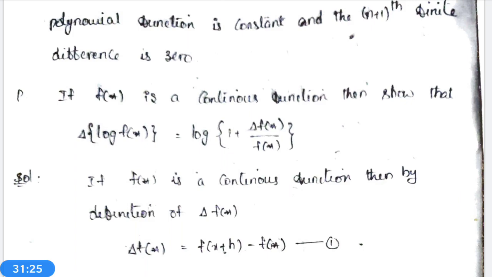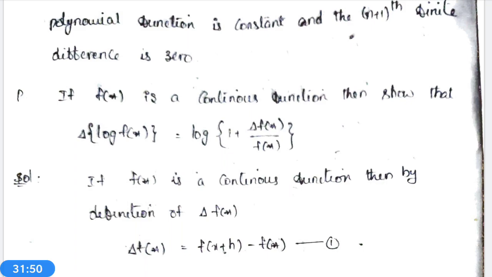If f(x) is a continuous function, then show that delta log f(x), sorry, delta log f(x) is equal to log of 1 plus delta f(x) by f(x).